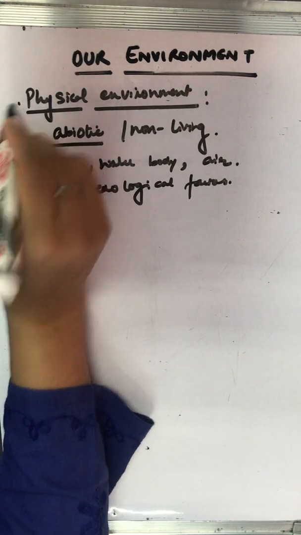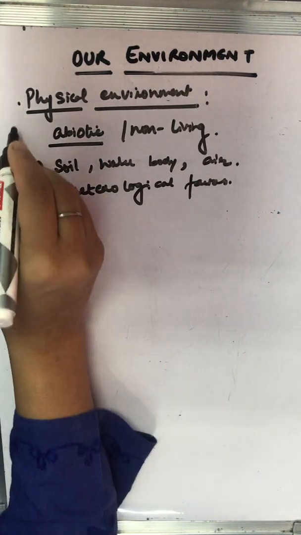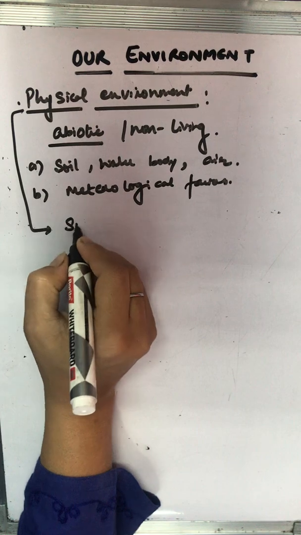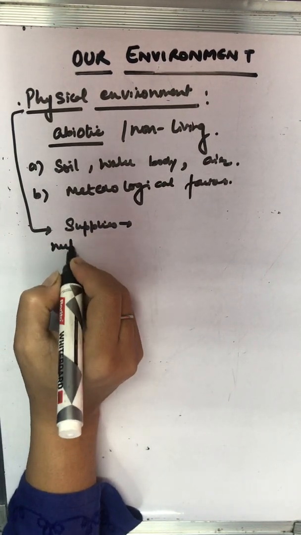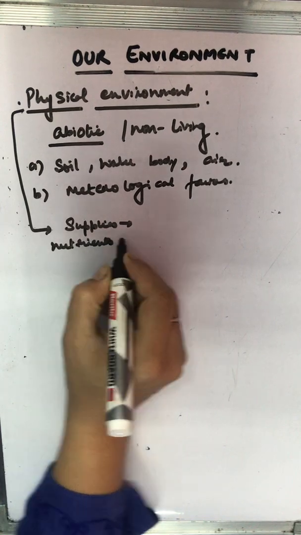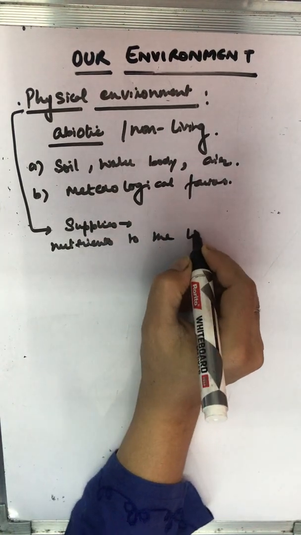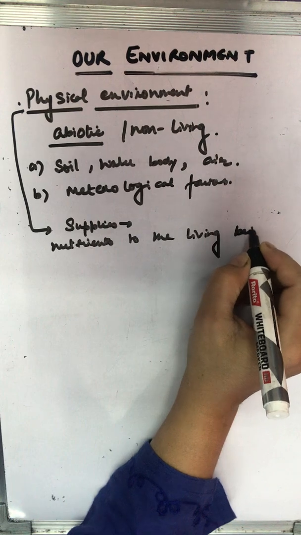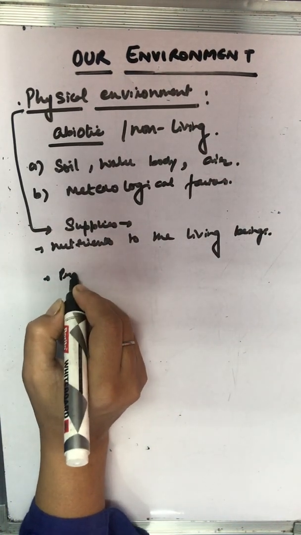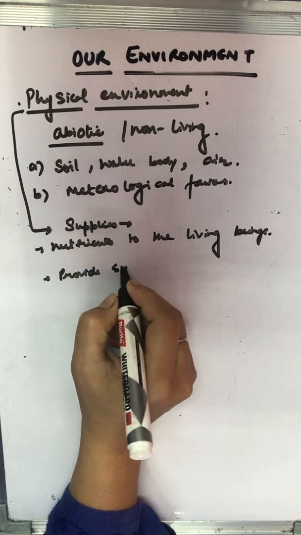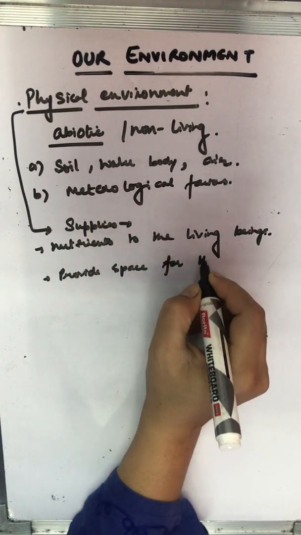Why is this environment essential? Because this environment supplies nutrients to the living beings. Number two, provides space for the living.